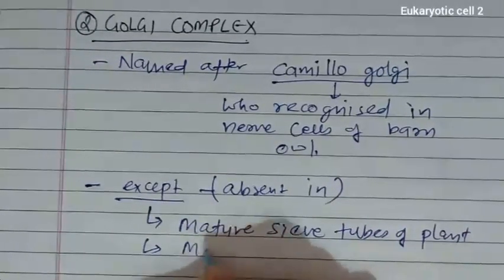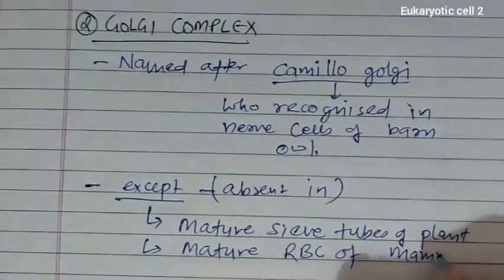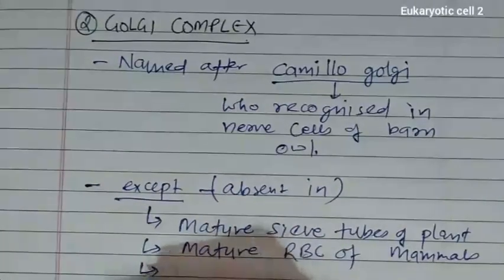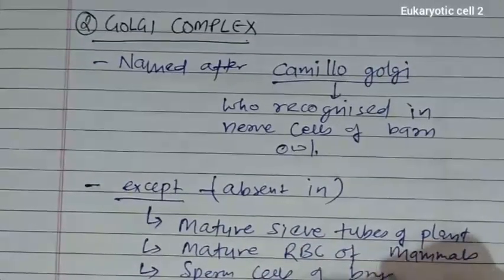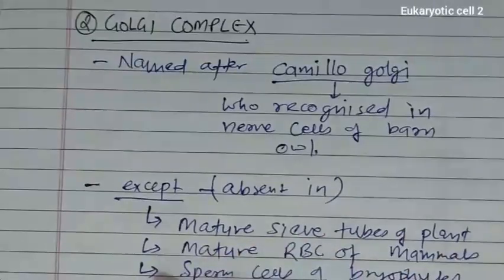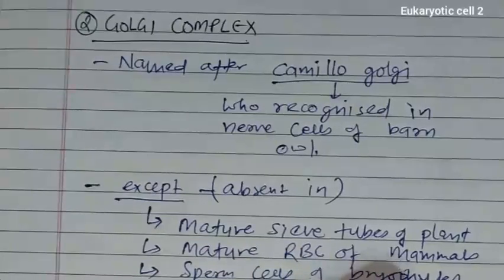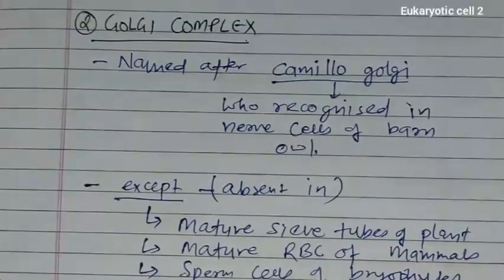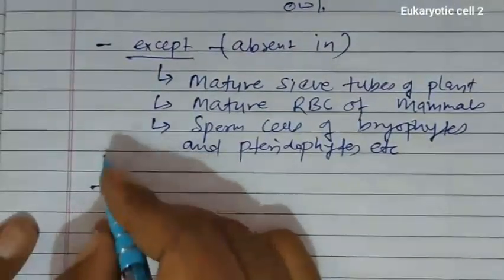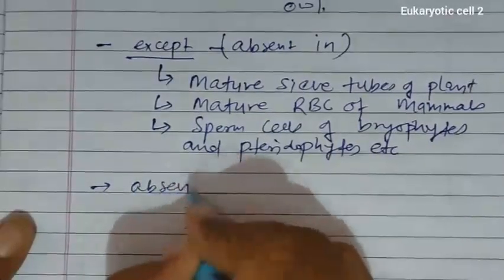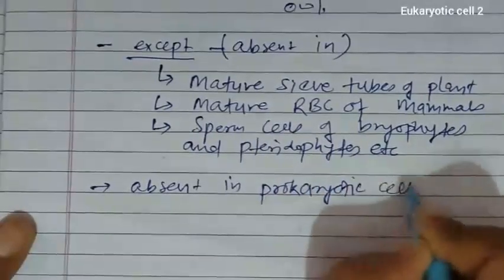Then mature RBC of mammals. Number 3, some cells, sperm cells of bryophytes and pteridophytes, etc. Okay, so in all these, Golgi body is not found, and it is also absent in prokaryotic cell.